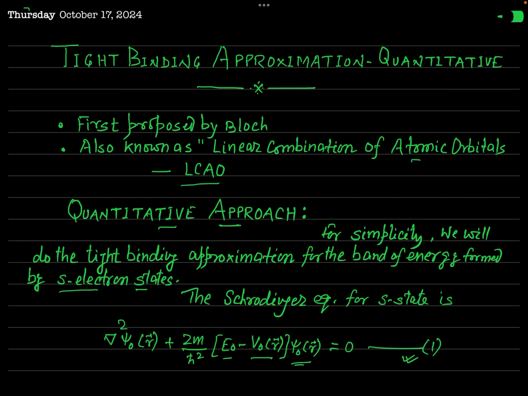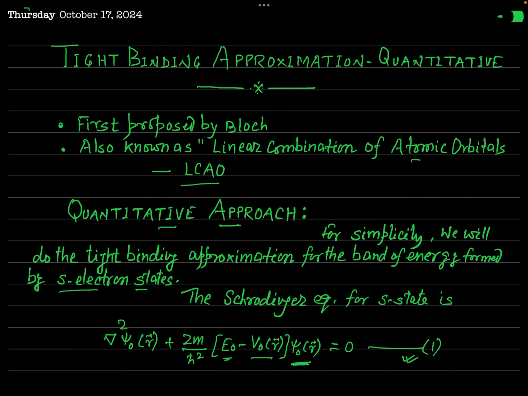Here, for simplicity, we also consider that this wave function psi naught of R is non-degenerate. When you say that psi naught R is non-degenerate, what does it mean? It means it is the only function corresponding to the energy E naught. It means that corresponding to the energy eigenvalue E naught, there is one and only one eigenfunction, and that is psi naught R. So this function is non-degenerate.